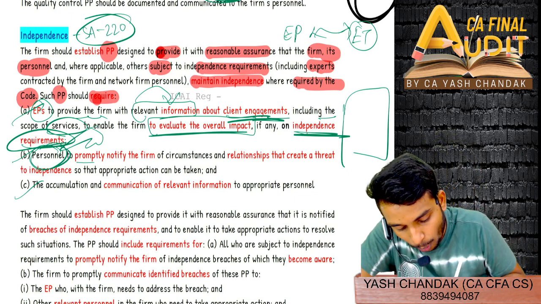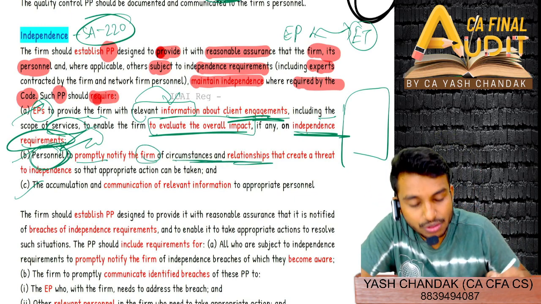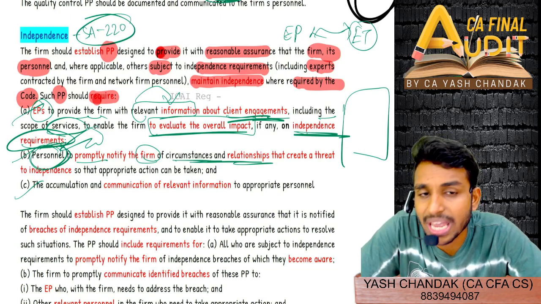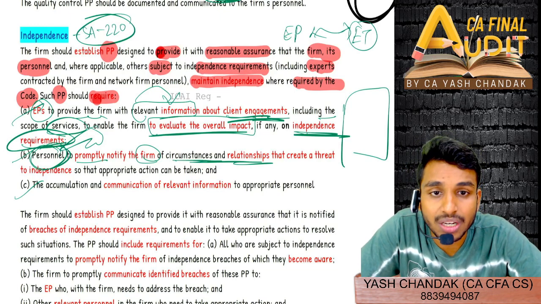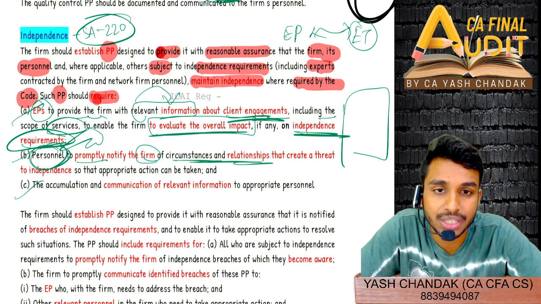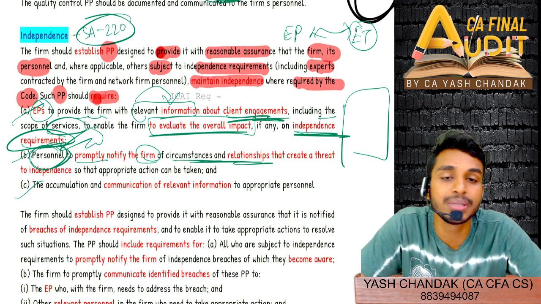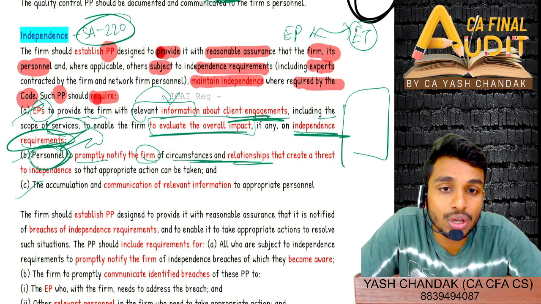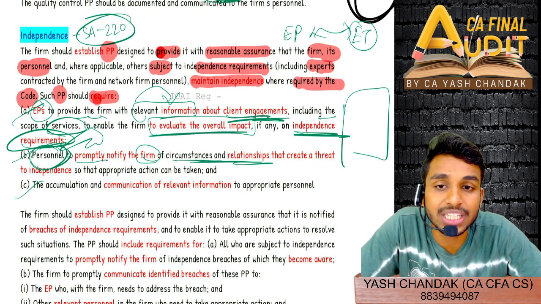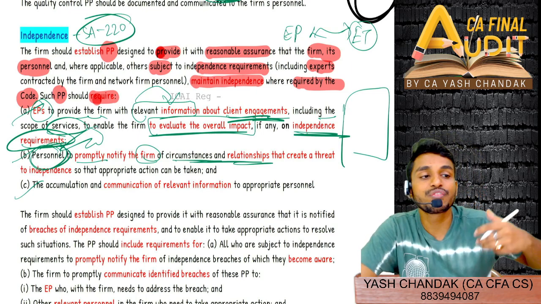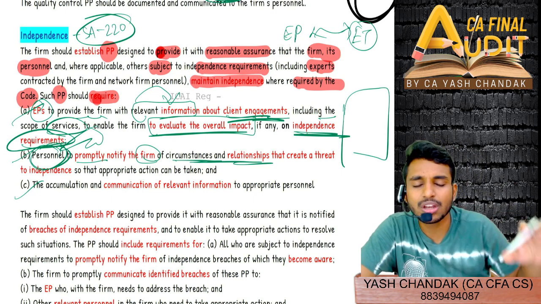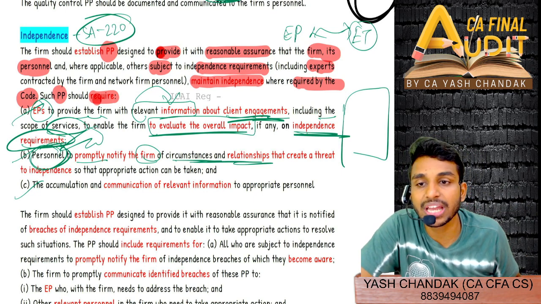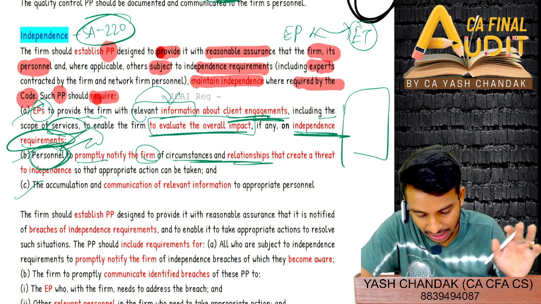So personnel must promptly notify the firm of any circumstances or relationship that you may have with the client, or with their director, associate company, subsidiary company, or key managerial person, so that your engagement partner is aware that you, or any of your relatives, are not independent. You have to indicate any sort of independence breach to the engagement partner.